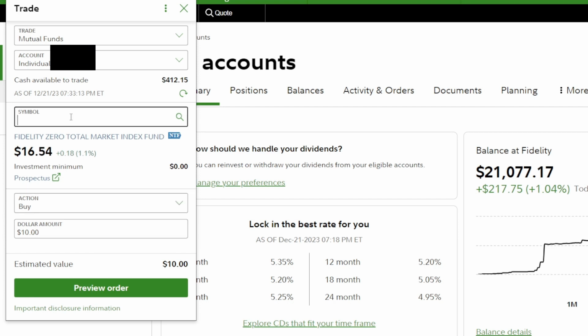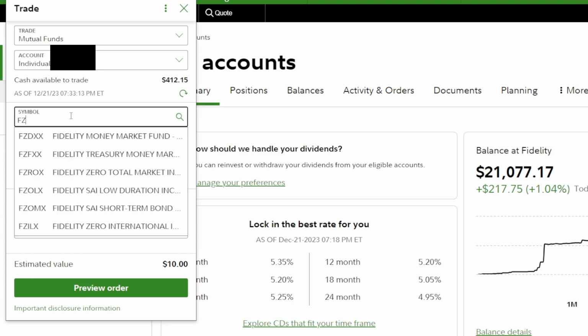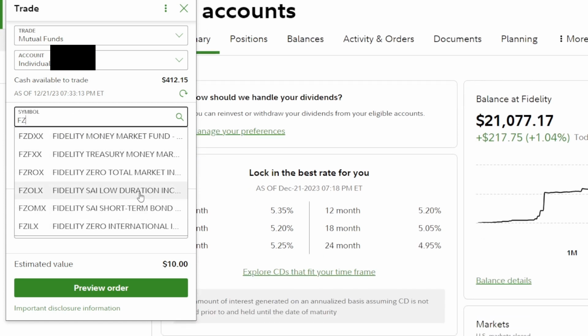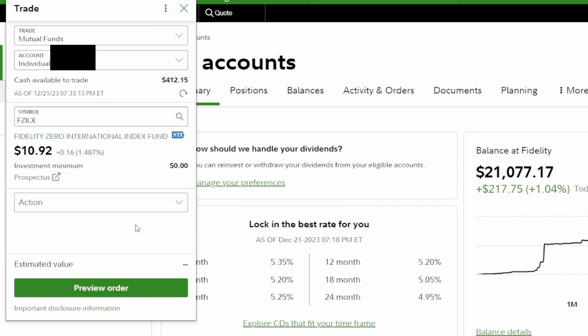But of course, there's 3 more that we can look at. The other one would be the International Fund. If you want to get exposure to stocks that are outside of the US, this can be really helpful. I do warn a little bit against buying a lot of international funds because they tend to underperform the US stock market.